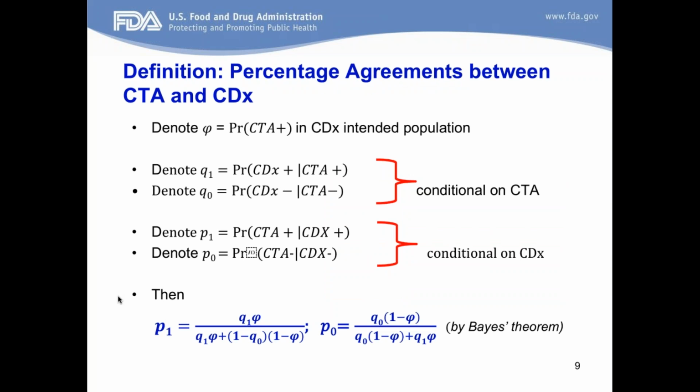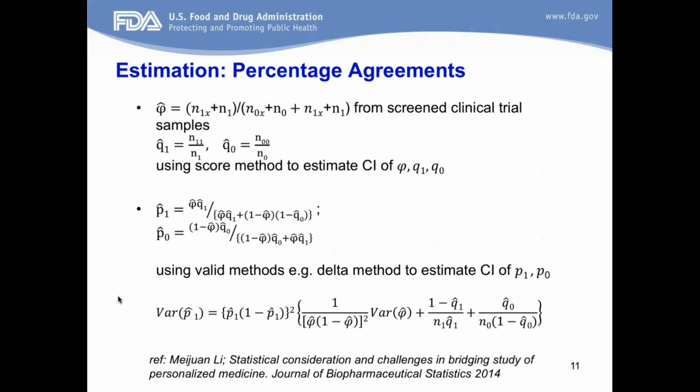So the next slide, I'm going to talk about the formulas for PPV, NPV, PPA, and NPA. I mentioned that you can estimate phi from the screening clinical trial population.